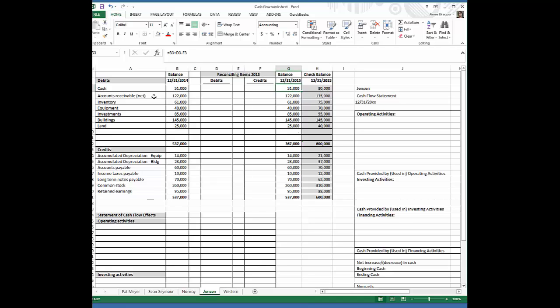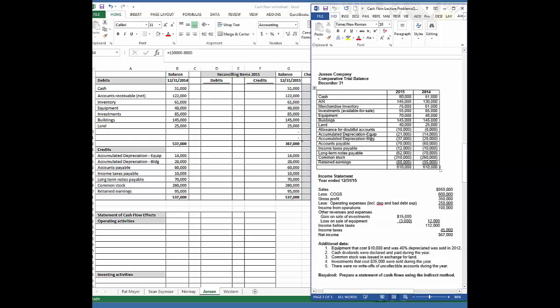When you do type in the ending balance, one account to be really cognizant of is the accounts receivable account, because we're going to record that at a net value. So if you look at the beginning balance, and if I pull up the information for the problem, the beginning balance was arrived at by taking the 130 minus the 8,000 to get to 122.